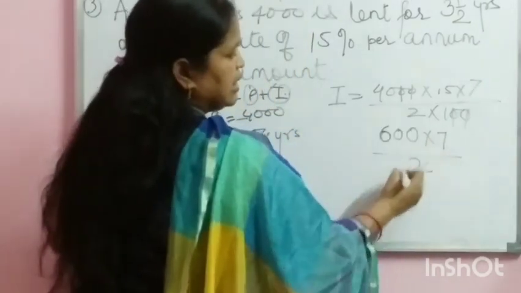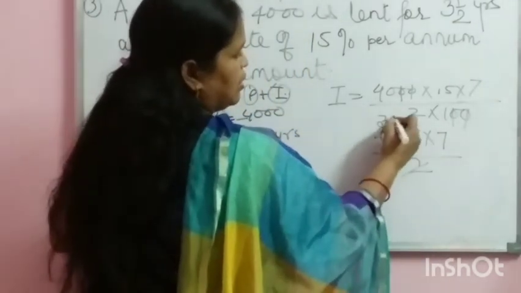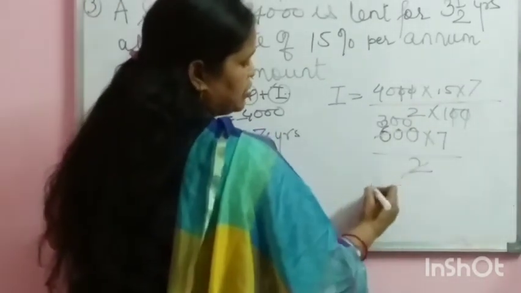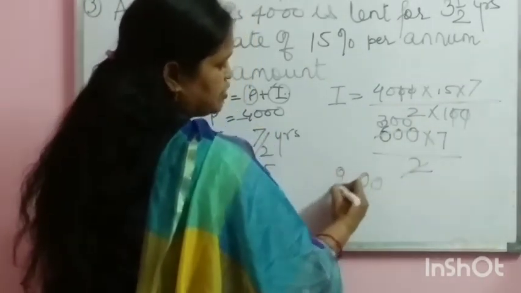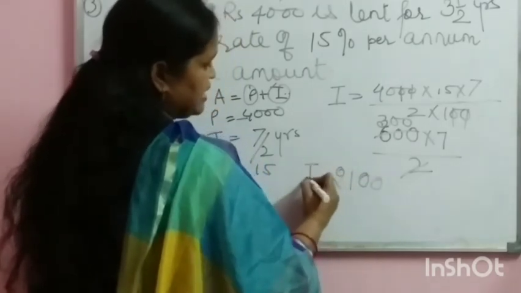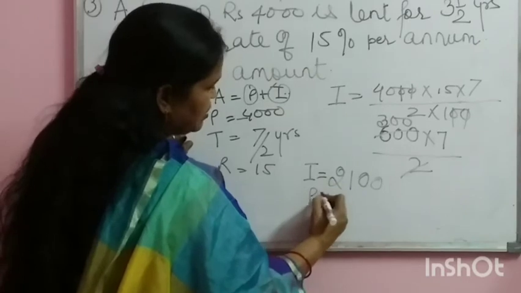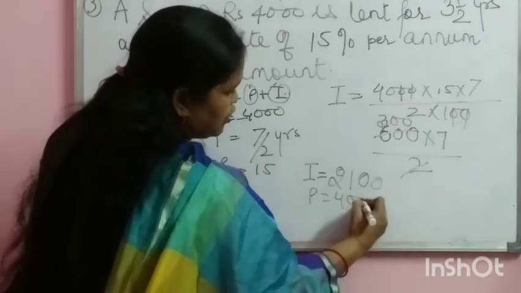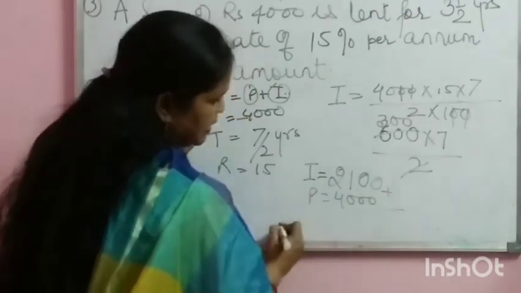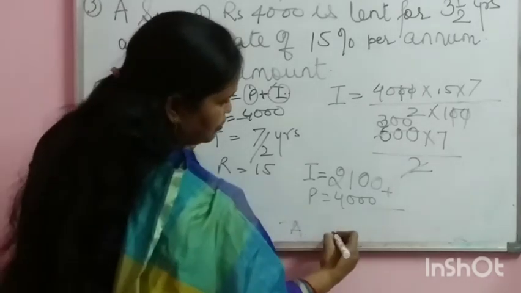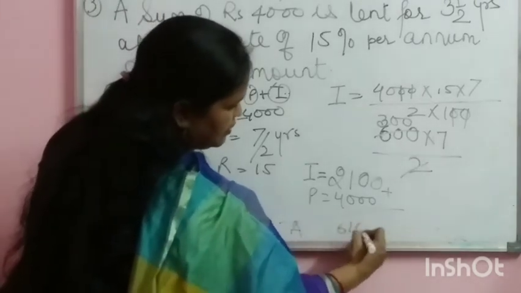This will again be simplified like this. 3 zeros are 0, 3 sevens are 21. So I is your 2100 and P is your 4,000. So these two will be added to get A. That is equal to 6100.